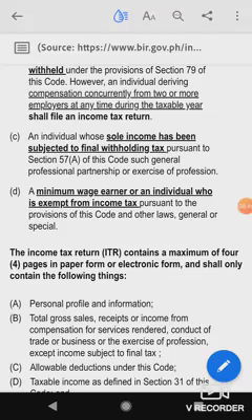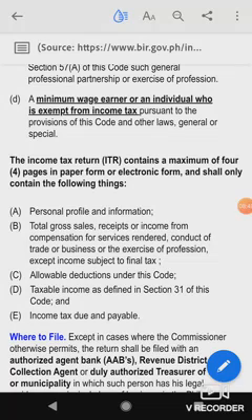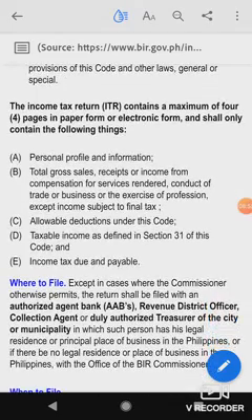And to proceed, the income tax return or ITR contains a maximum of 4 pages in paper form or electronic form and shall only contain the following things. So the following things that can be found on an ITR or income tax return. A, we have personal profile and information.